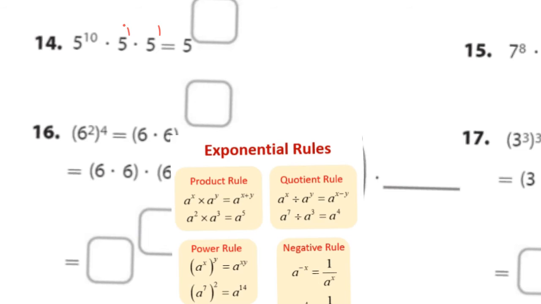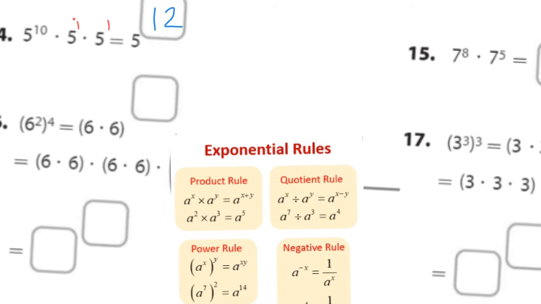And so what we're going to do now is take 5 to the 10th times 5 to the 1st times 5 to the 1st. That'll be 10 plus 1 plus 1, and that'll end up to be 5 to the 12th. Remember, if you're multiplying, you add the exponents.